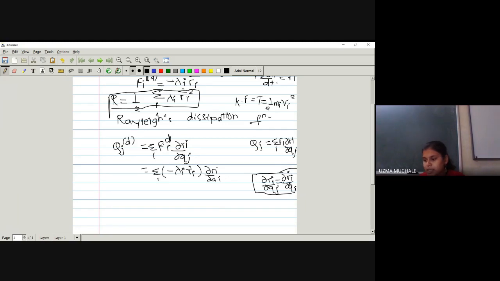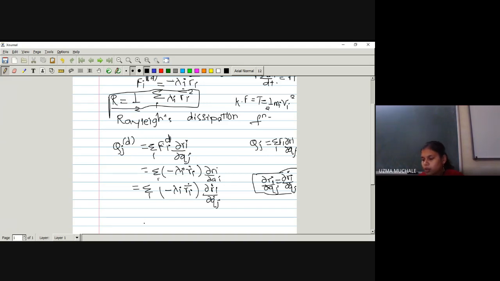Those who remember, we derived this mini equation while deriving Lagrange's equation of motion. For our simplicity, as Ri dot is here, we are going to replace this term by dou Ri dot by dou Qj dot. So we have here minus lambda i Ri dot into dou Ri dot by dou Qj dot.